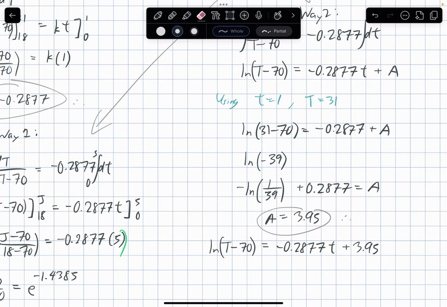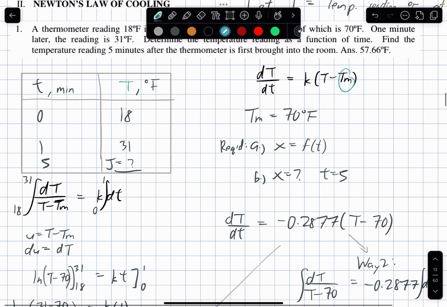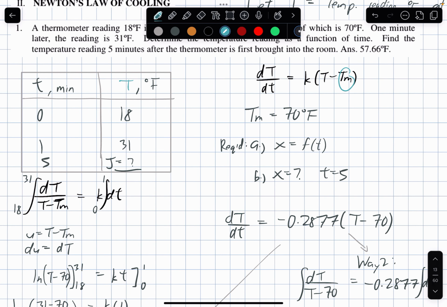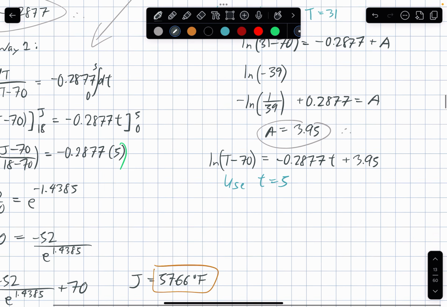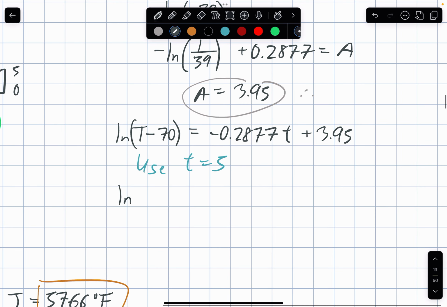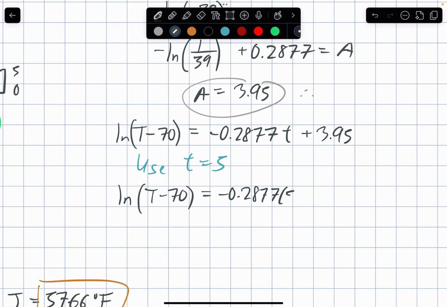And now let's use t equal to 5 in order to find its corresponding temperature, which we represented as J. So ln T minus 70 equals negative 0.2877 times 5 plus 3.95.